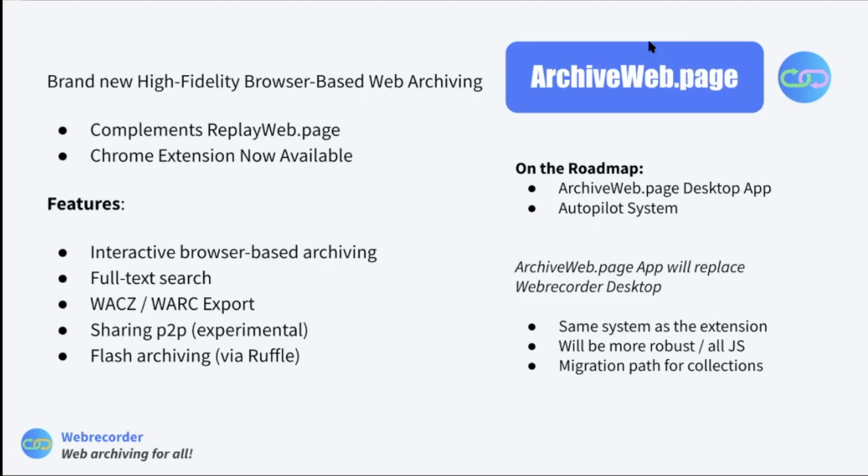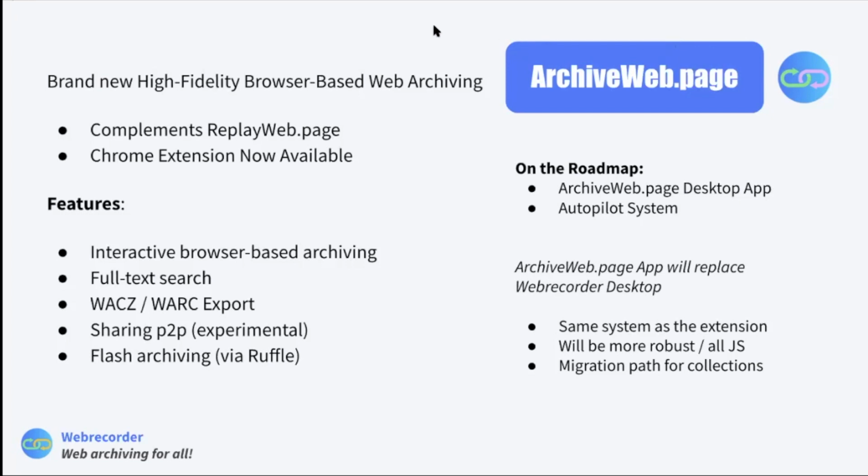So you could actually archive something in your browser and then send a link to a colleague, and they can load it directly where it will connect to your browser and download that archive. That's a little bit experimental, so it's still in development, but it is there. And then also it has Flash archiving via the Ruffle emulator. So that's also in this initial release.